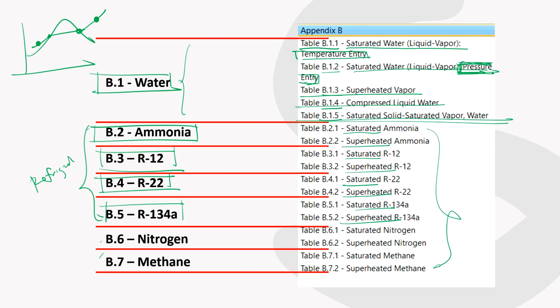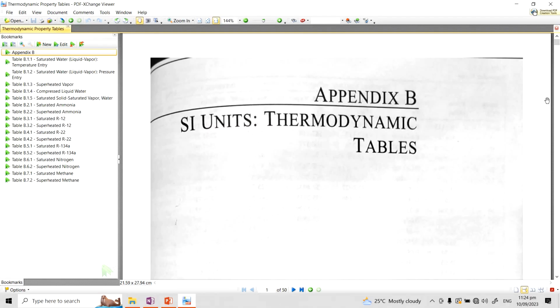So now let's go to our tables. Here are the thermodynamic tables that we'll be using in this course, taken from one of our reference texts. This is Appendix B of that text, in SI units.